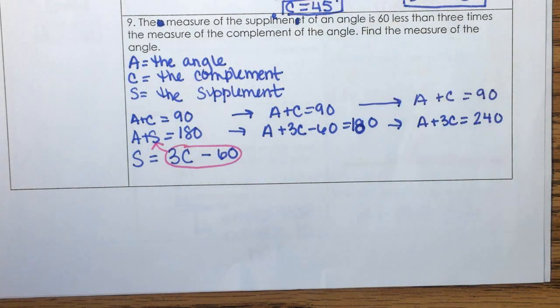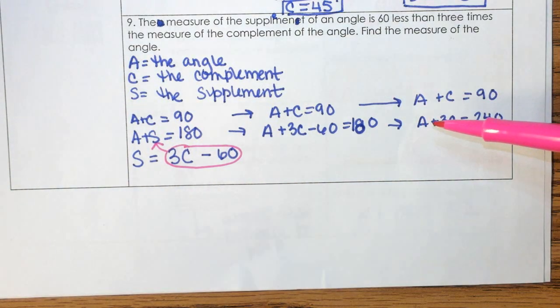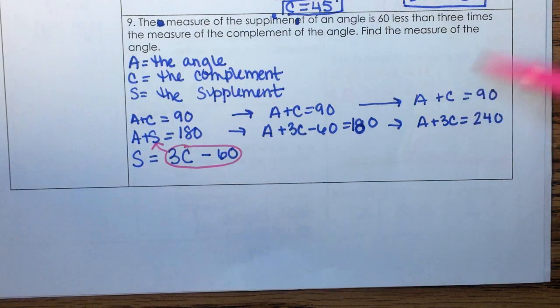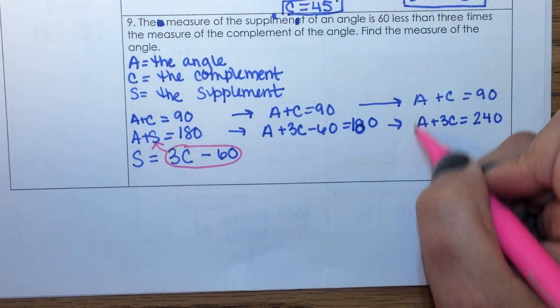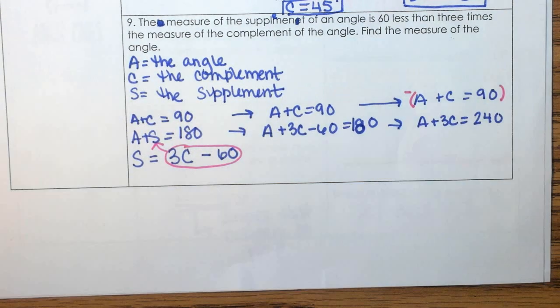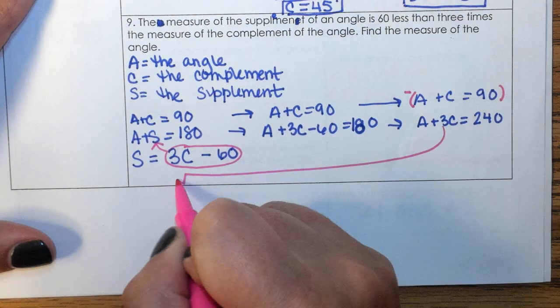Okay. Now we've got to figure out, do I want to eliminate the A's or would I prefer to eliminate the C's? In this case, I'm going to eliminate the A's. So let's multiply this top equation by a negative. I'm going to bring this down right here.